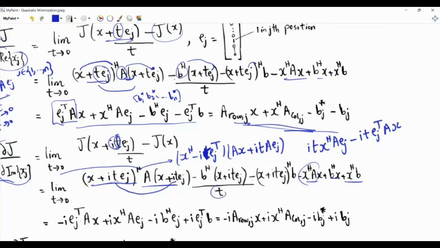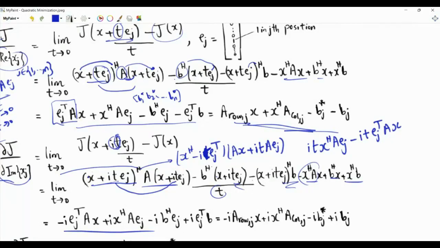And then when we divide by t, those are the survivors: minus I ej transpose Ax plus I x Hermitian A times e sub small j. So that's again the canonical vector with 1 in the jth component, 0 elsewhere. And then we can do the same for these two guys here, and we will get these two terms.